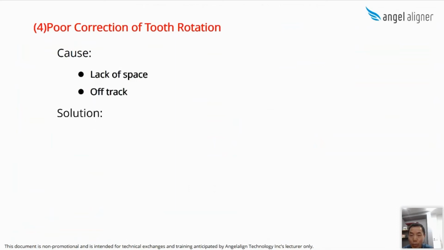And restage the tooth movement to create space first before moving it into alignment, so we can make this tooth movement more clinically predictable. And always lightly strip the contacts mesial and distal to the rotated teeth with sandpaper to make sure the teeth have space to move, even if we don't design IPR.